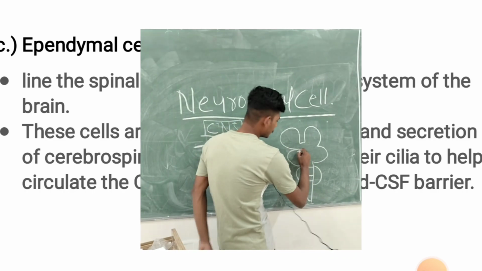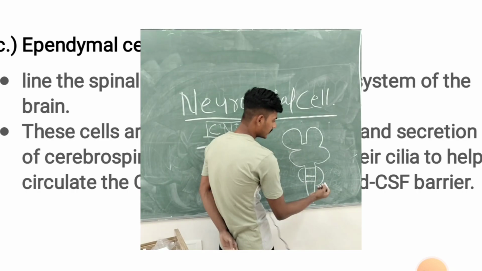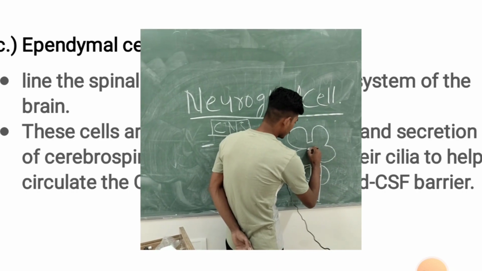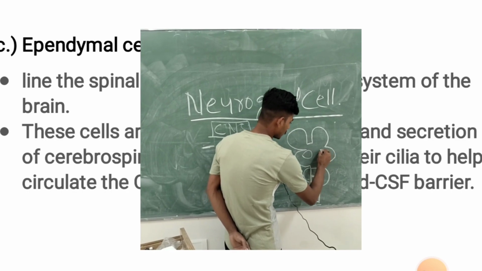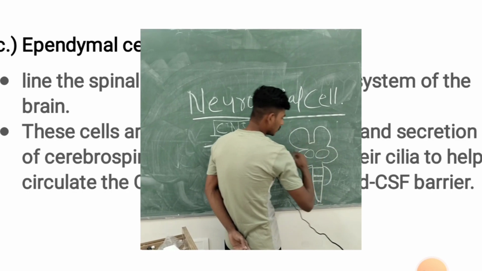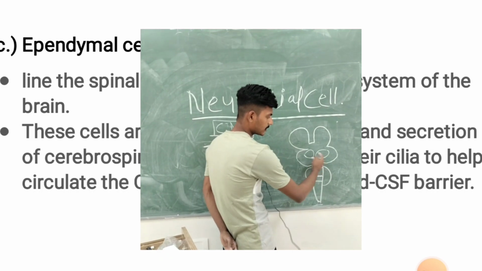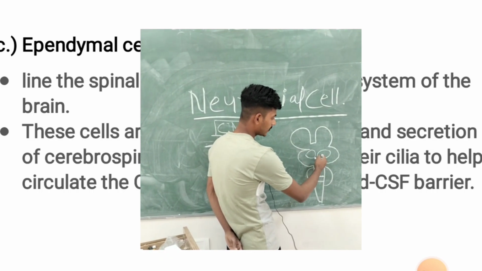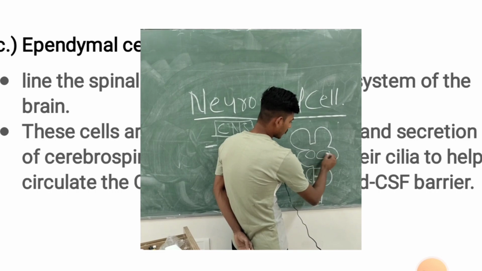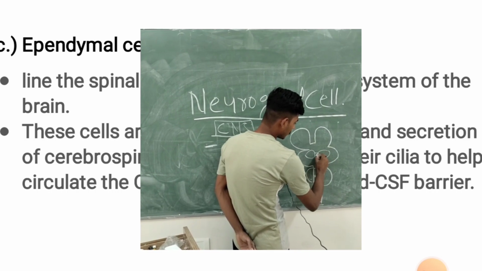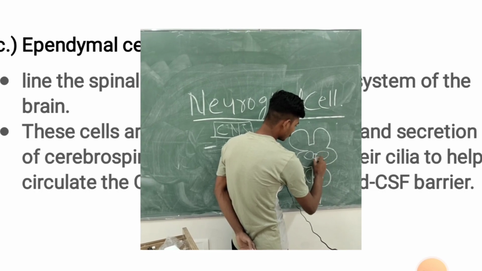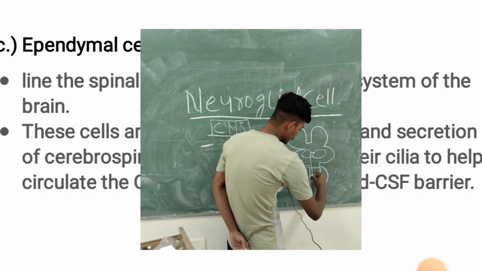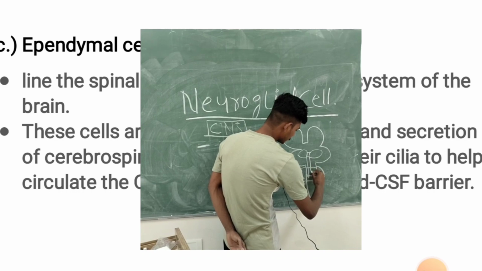See, there is the presence of ventricles in the brain. These ventricles are the empty spaces. Two lateral ventricles are present, and there is another ventricle called the third ventricle. Clear? Now there is one extension.